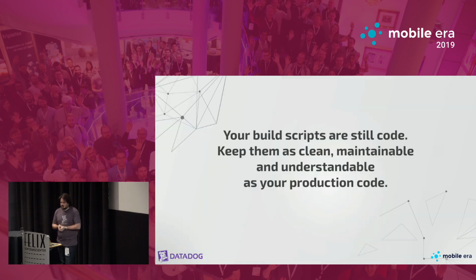One last note, your build scripts are still code. So you need to keep them as clean, maintainable and understandable as your production code. I've seen projects where the build.gradle script was 500 lines long with no comments and a lot of stuff that no one really knew how to read and how to change. And most of it was just copy-pasted from Stack Overflow.